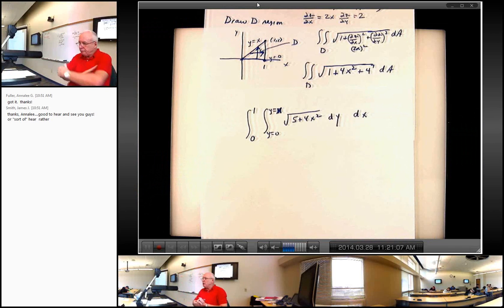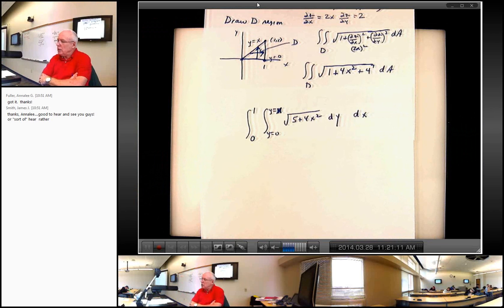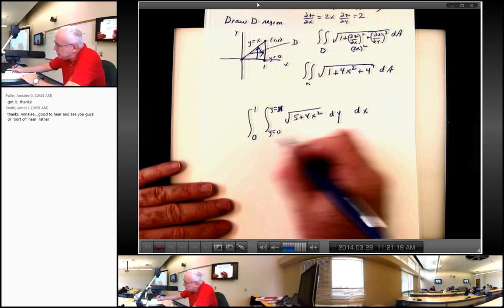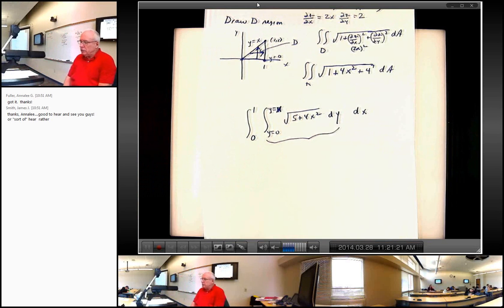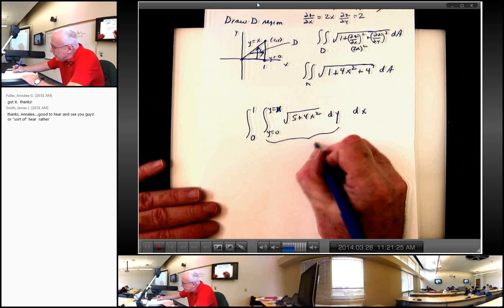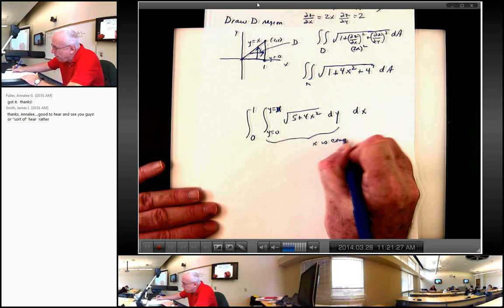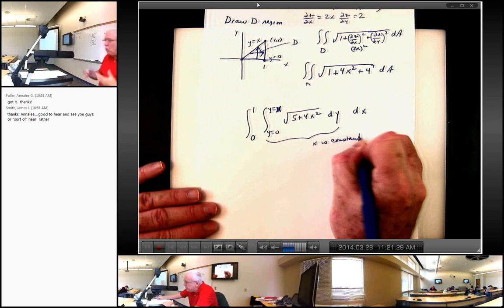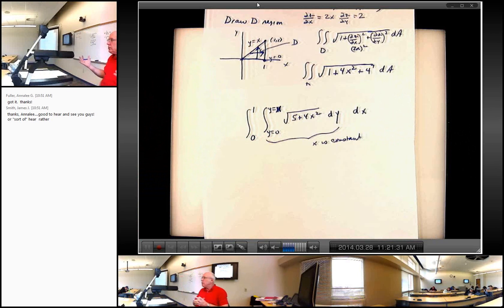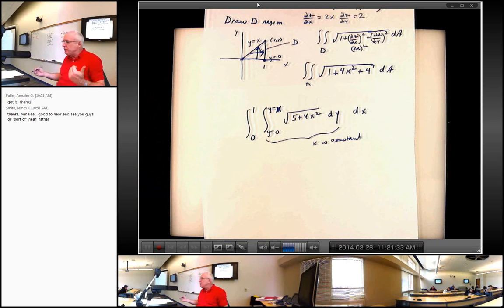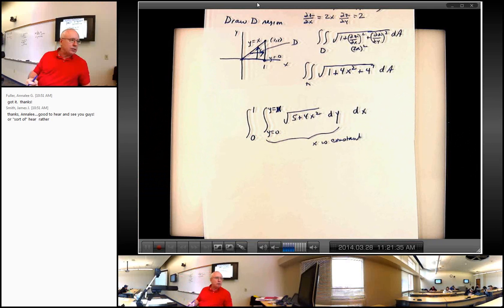All right. Now, this actually can work out fairly well. Let's do the inside integral with dy, which means that x is constant. That means this whole square root is considered as one big constant, because 5 is a constant, 4 is a constant.